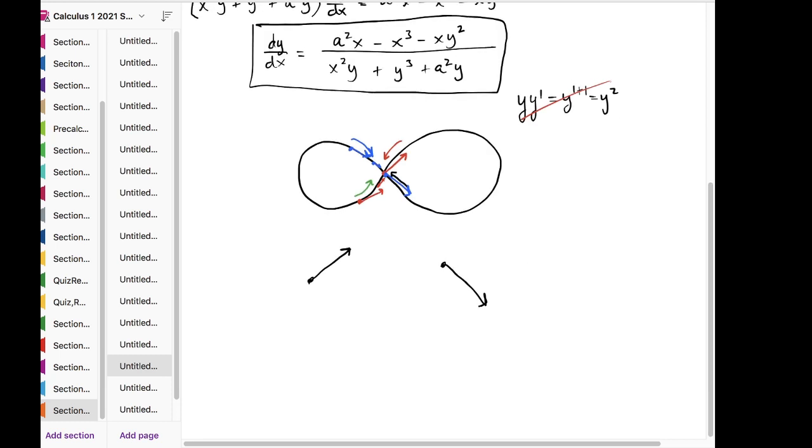Another reason is that if you take a little region around that point, will you ever get a function? No. So 0, 0 cannot be implicitly defined.